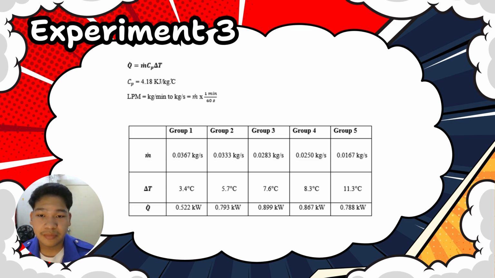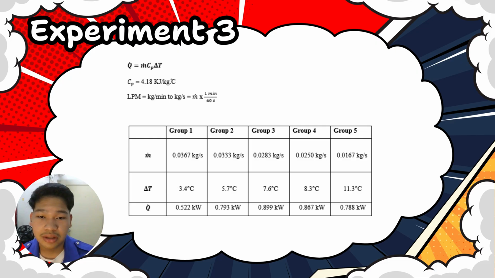For delta T, which is the temperature difference, group 1 is 3.4 degree C, group 2 5.7 degree C, group 3 7.6 degree C, group 4 8.3 degree C, and lastly group 5 11.3 degree C. As you can see, the temperature difference is increasing.